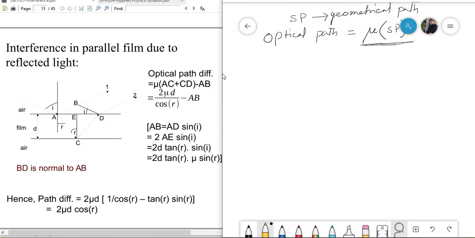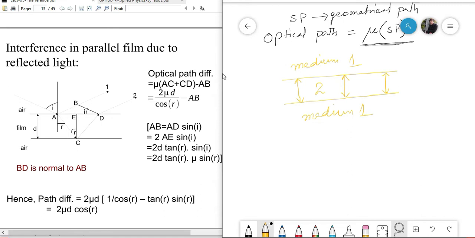Now next we have to understand what a parallel thin film is. A parallel thin film is a film whose thickness is the same throughout. For example, the thickness here and the thickness here are all the same. In that case, this would form a parallel thin film confined between a medium 1 and another medium 2.